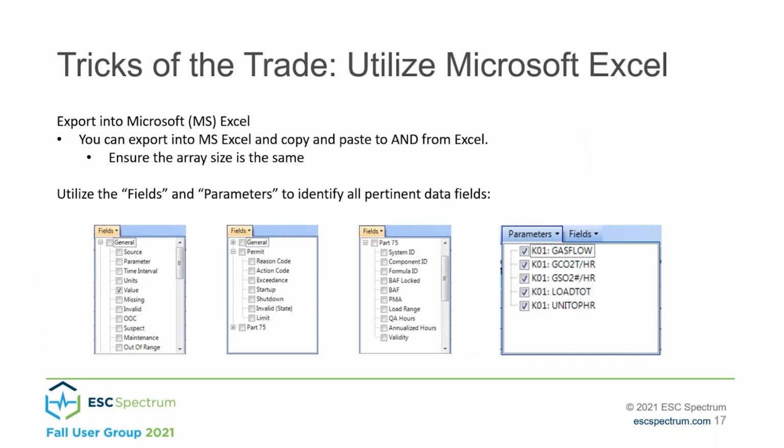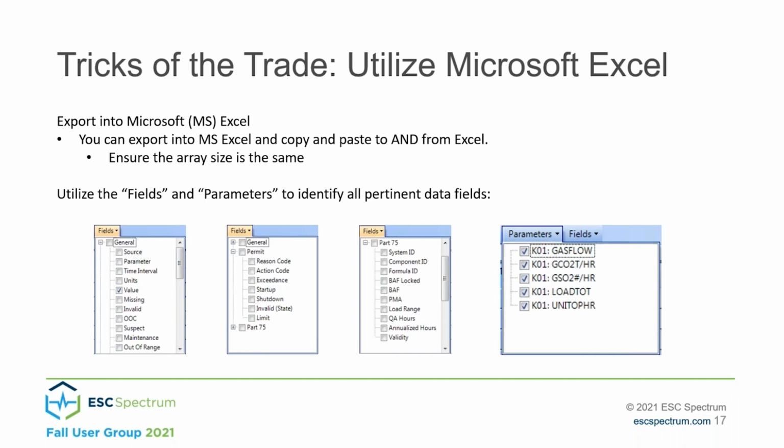I recommend utilizing Excel along with DataLab. Use it as a partner to DataLab. Why? If you're a heavy DataLab user and your goal is to export data into Excel and collaborate with colleagues based on what you're seeing in DataLab, you can actually use Excel as a clipboard.